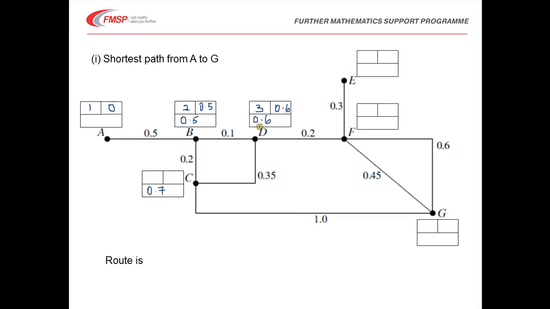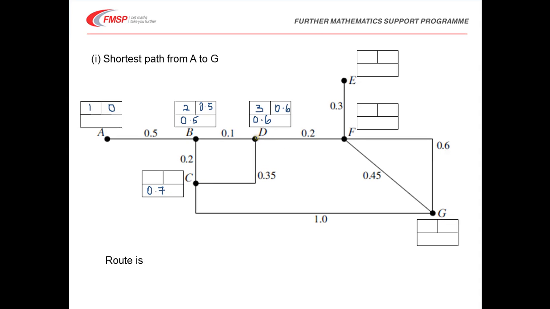So again, we now think about where we can go from D. So we could go from D to C, but of course that would be 0.6 plus 0.35. So if that was bigger, and it is bigger, than the temporary label we've already got, we do not replace the 0.7 by 0.95. So we just discount that one.